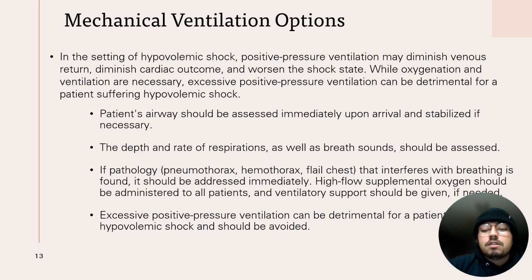Hemothorax or flail chest could be present, and that could interfere with breathing, and if found it should be addressed immediately. High flow supplemental oxygen should be administered to all patients. In this case, that would not change, and excessive positive pressure ventilation can be detrimental for a patient as well.